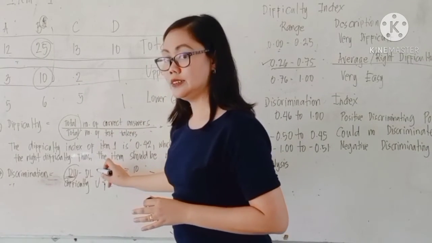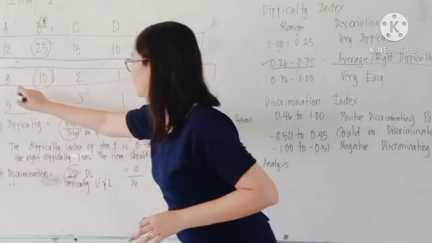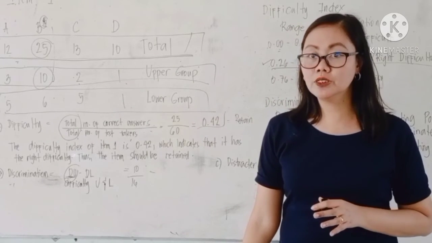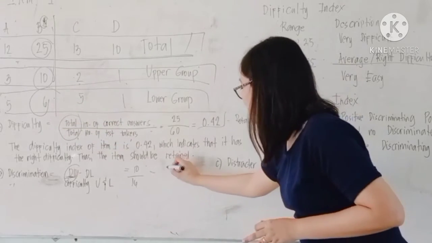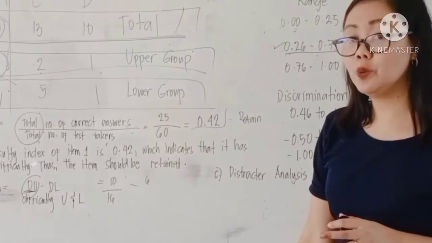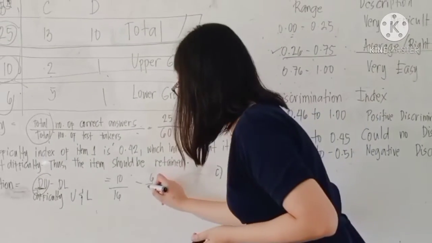So, difficulty index in the lower group will be, focus na naman sa lower group. Tignan mo. Ilang estudyante ang nakakuha ng tamang sagot sa lower group? We have 6 kasi hindi yung correct answer. So, 6. Ilan ulit ang number of test takers sa lower group? Siyempre, kapantay yung nasa upper group. So, 16 lang din.